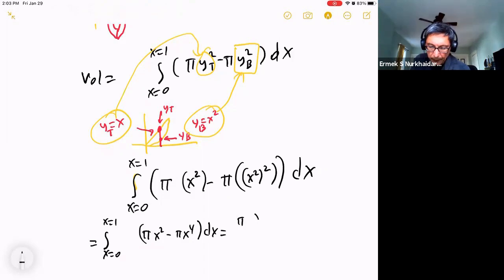Pi x cubed over 3 minus pi x to the 5 over 5, from 0 to 1. So pi over 3 minus pi over 5.